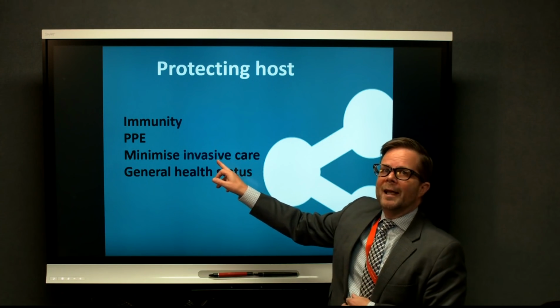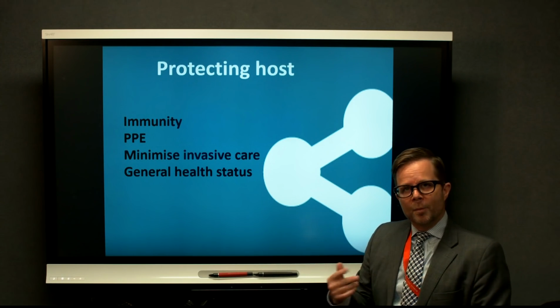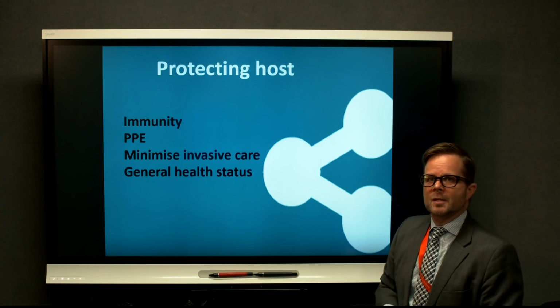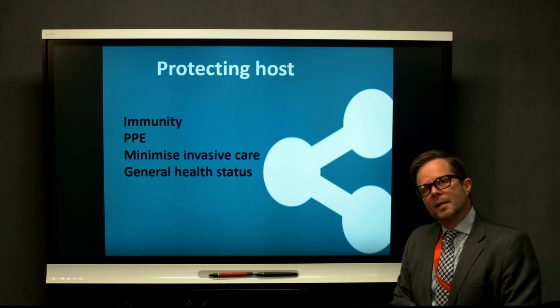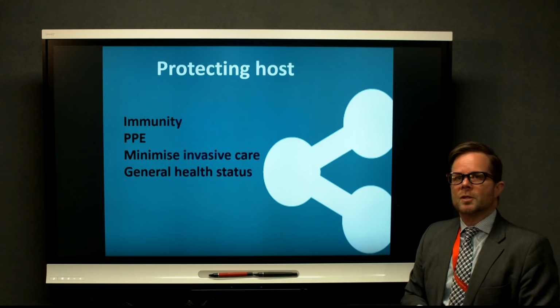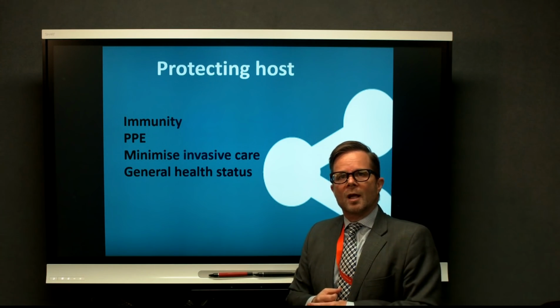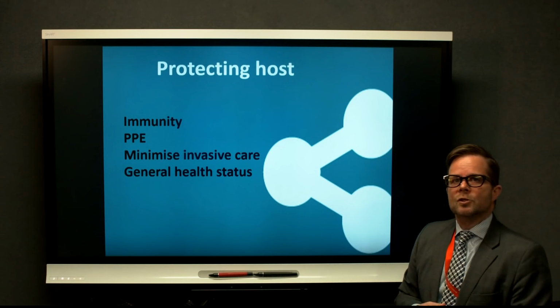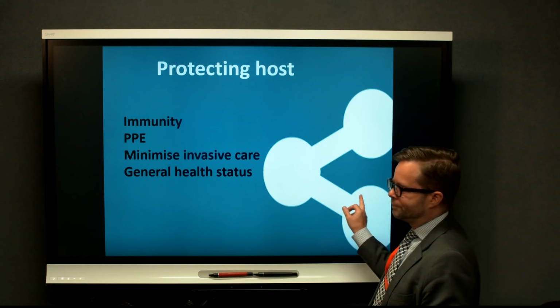We can also plan our treatment or care so that we minimise the number of invasive treatments for patients. So thinking about how we do minimally invasive care is important. And as I said before, just ensuring that our general health is good is going to ensure that we are more resistant to infection.